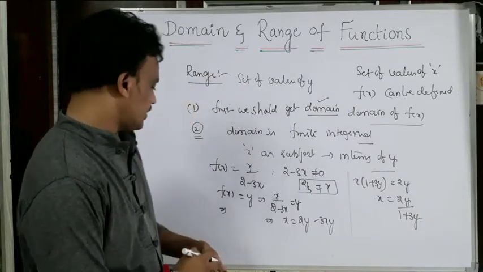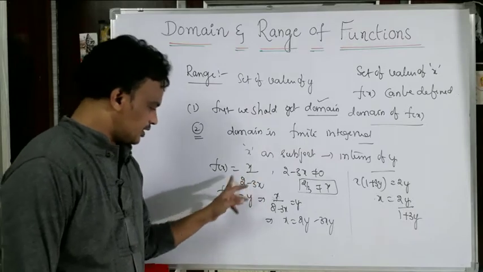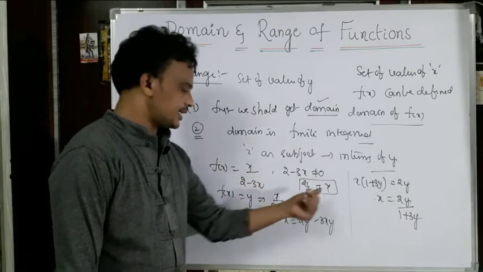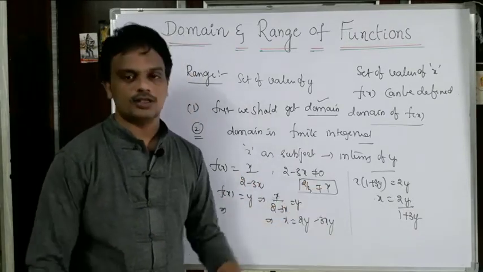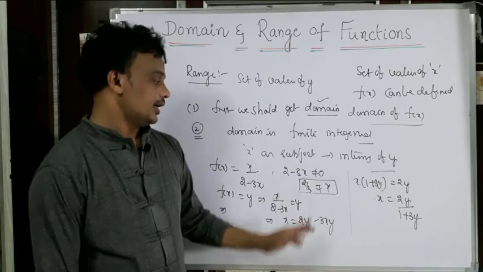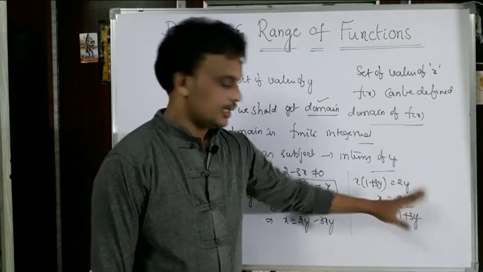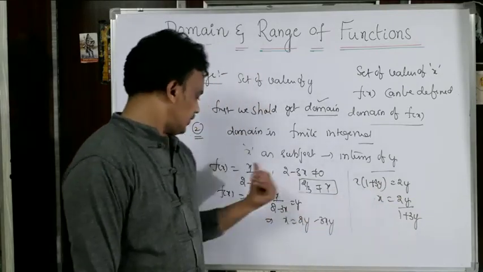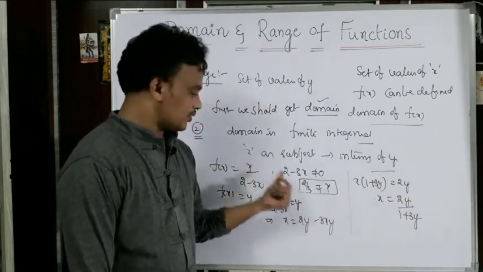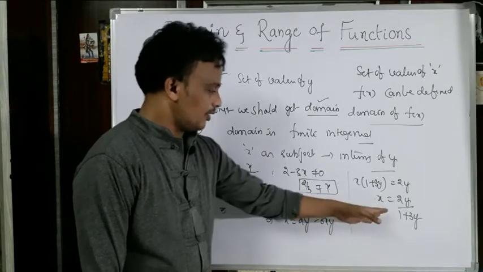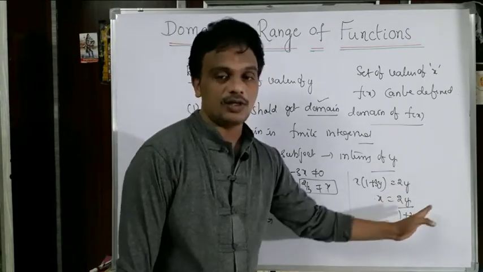So, here the denominator should not be equal to 0, so the function is defined except at x equal to 2 by 3. Now, having made x the subject, we have the function in terms of y. When x exists for these values, the range values will exist.